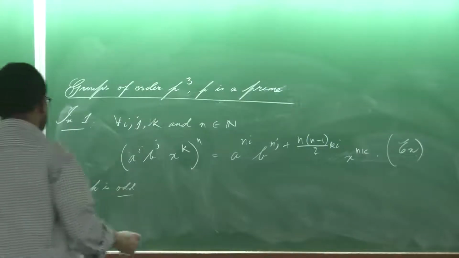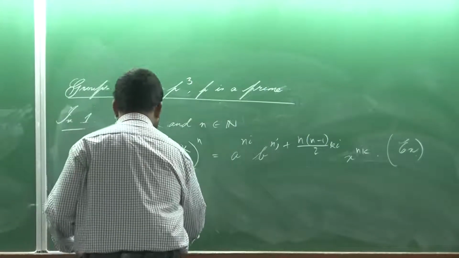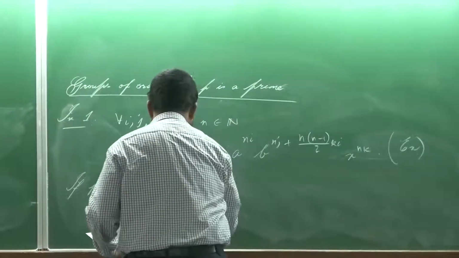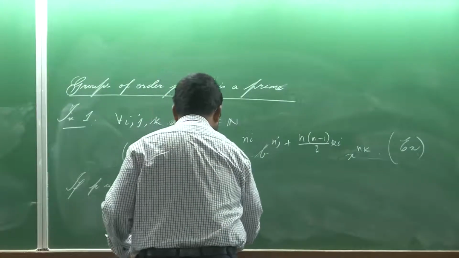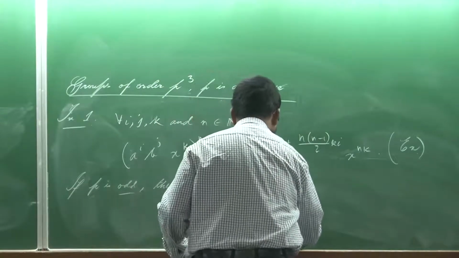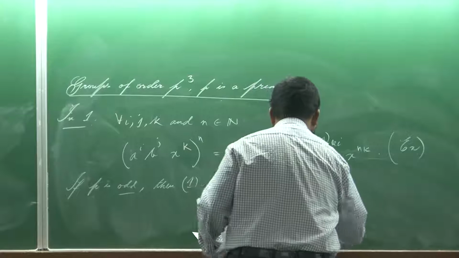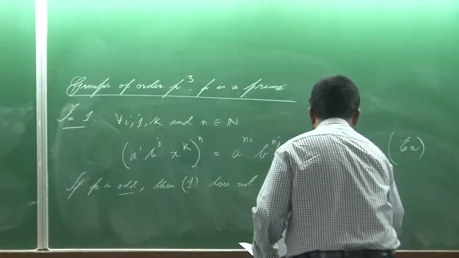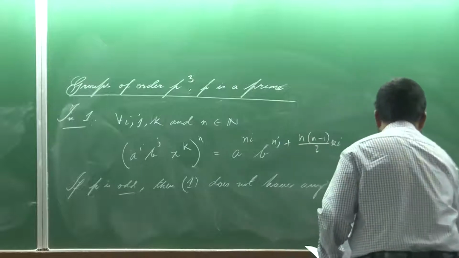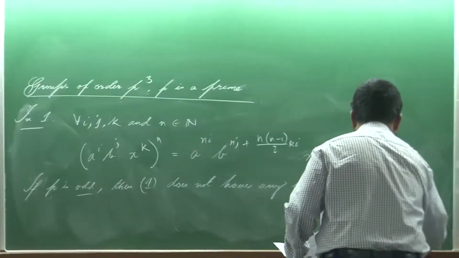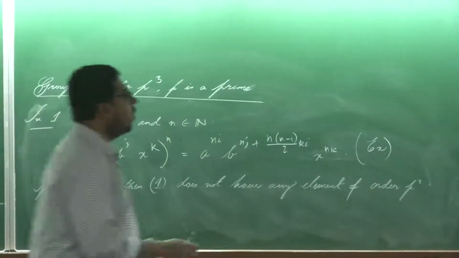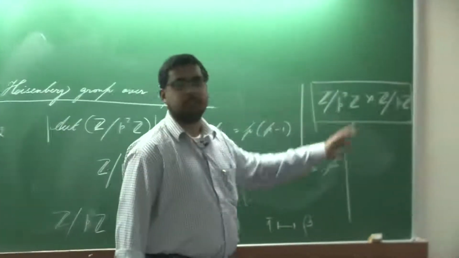So if p is odd, the former group does not have any element of order p square, whereas in the second case of course it does have an element of order p square.